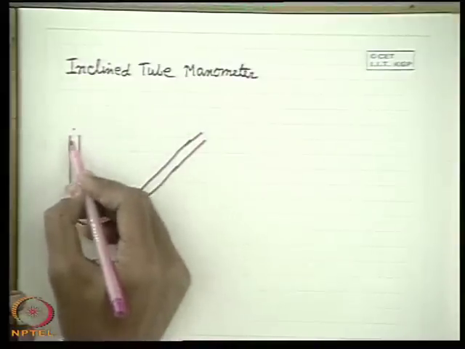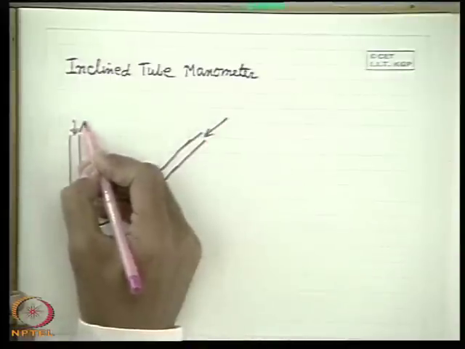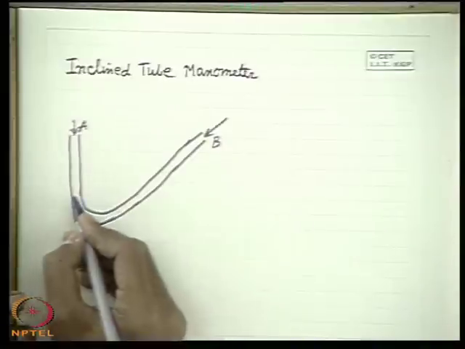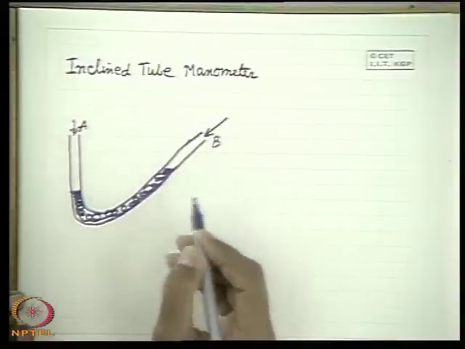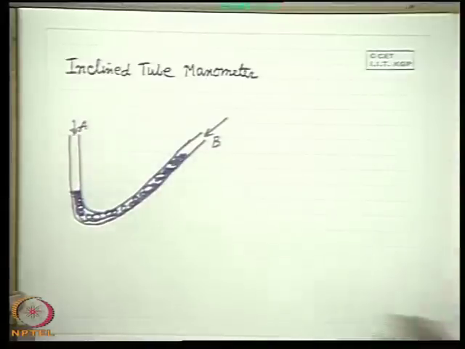That means it is connected to one pressure point, another pressure point. Let this be A, this be B, with the working fluid. Then the manometric fluid will be deflected like this. Let us have the deflection like this.